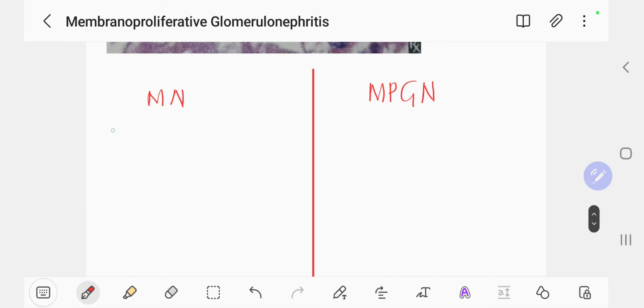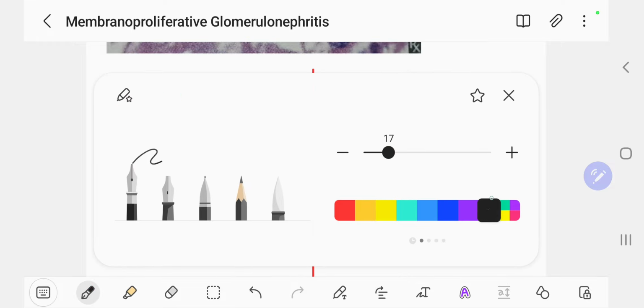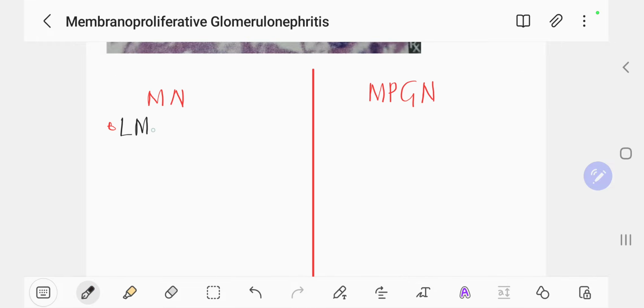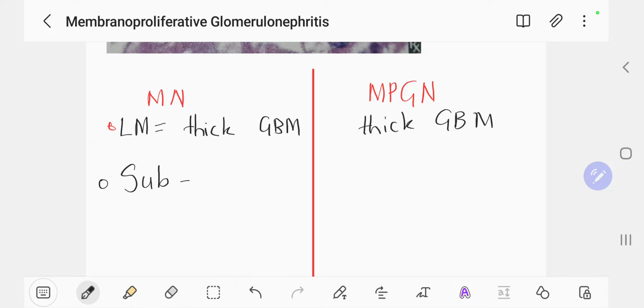So, okay, on light microscope, let me change the color. On light microscope, there will be a thickening of the glomerular basement membrane, and here also a thick glomerular basement membrane. So this is the same. Actually, here is the subepithelial deposition, and here subendothelial and dense.